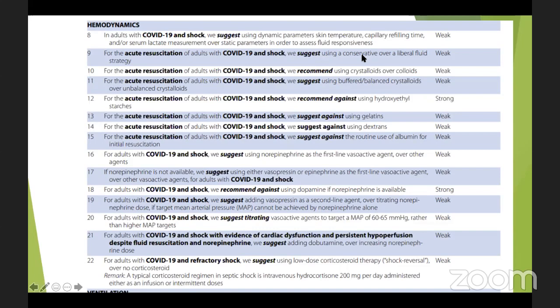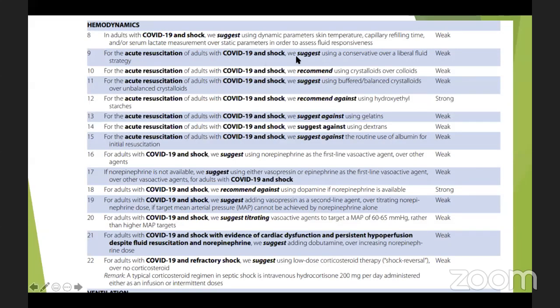So we should not just give the standard 30 ml per kg and, if the patient does not respond, give another until we fill the tank. No, you have to assess the volume status. Be gentle with fluid resuscitation. If not responding, you can start an early vasopressor. It's better than giving more fluids, which leads to more deterioration and increases mortality.